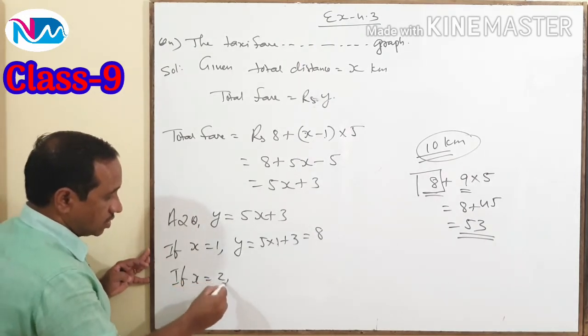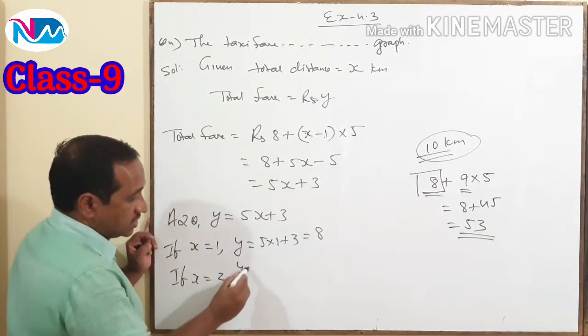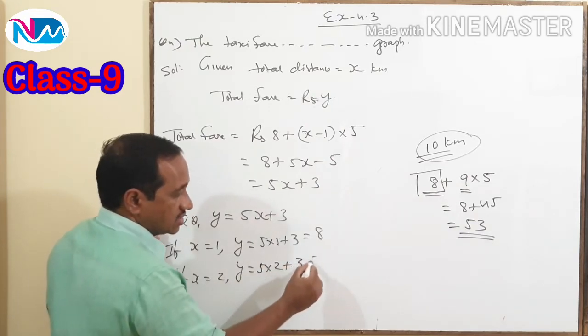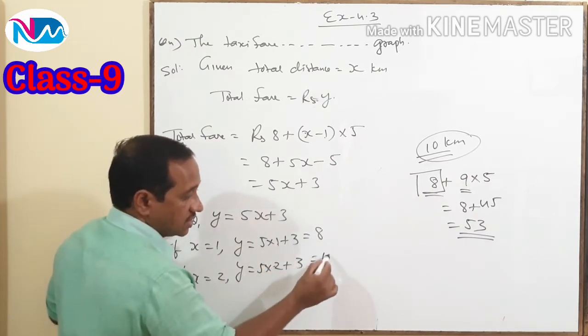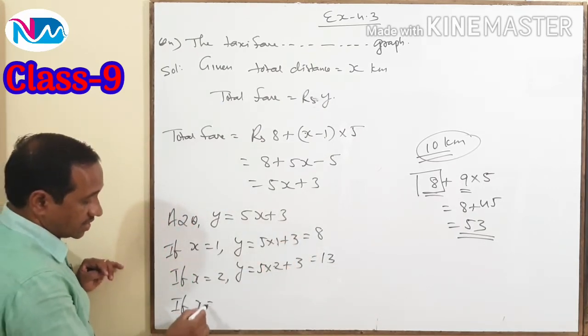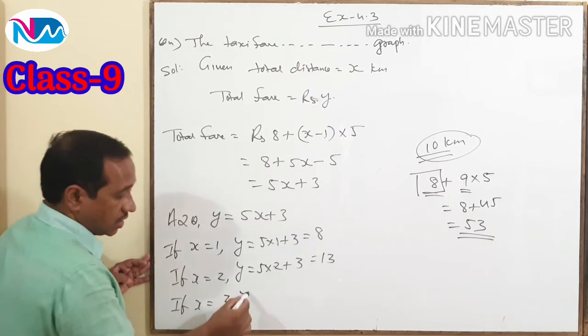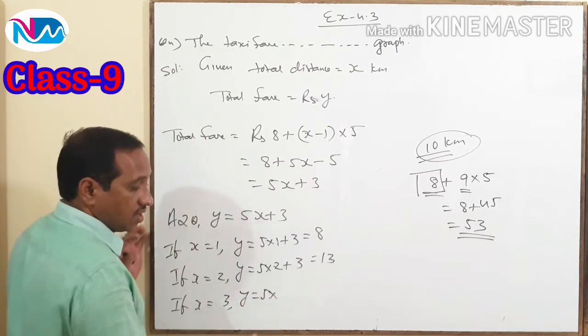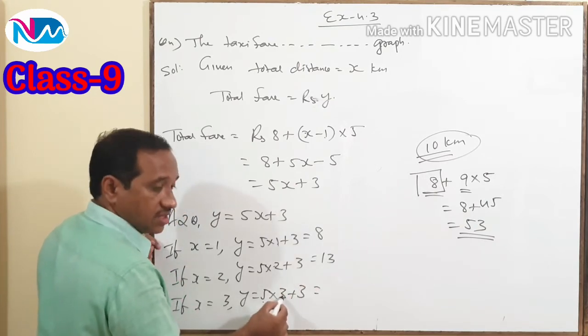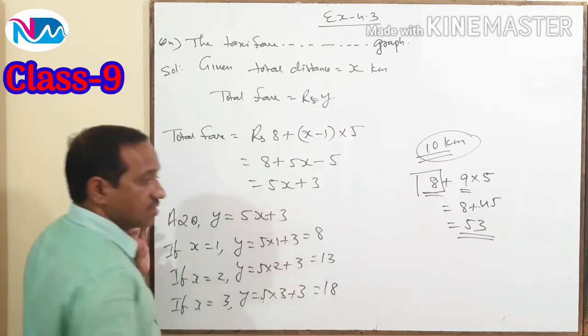If x is equal to 2, y is equal to 5 into 2 plus 3, that is 10 plus 3, that is 13. Third, if x is equal to 3, then y is equal to 5 into 3 plus 3, 15 plus 3, 18.